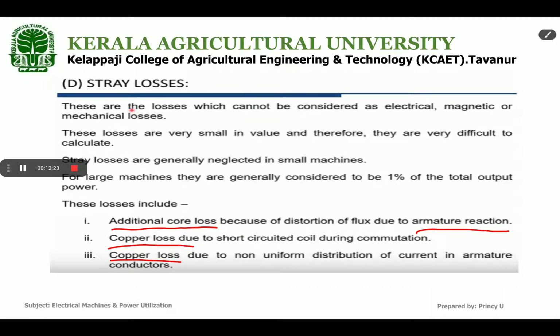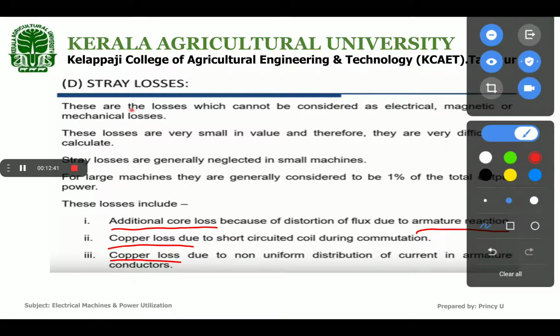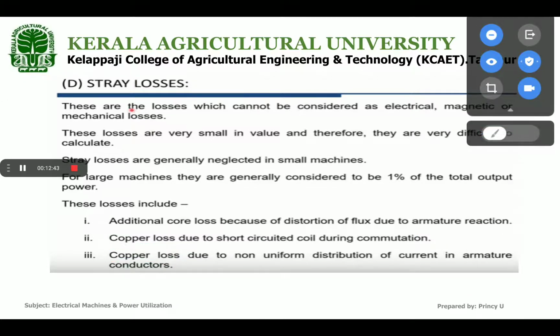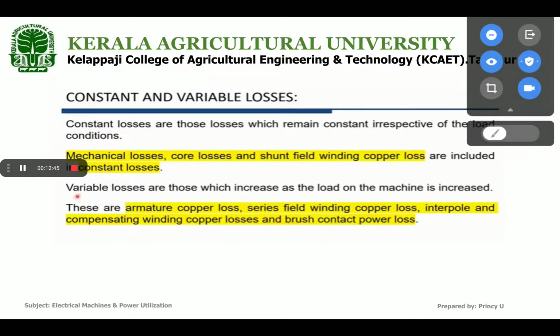These are the main reasons for stray losses. They are very difficult to find out, so usually in small machines we neglect this loss.